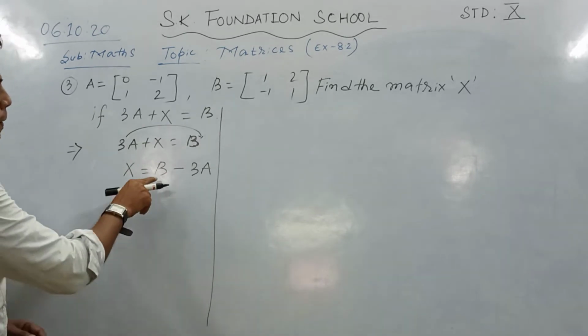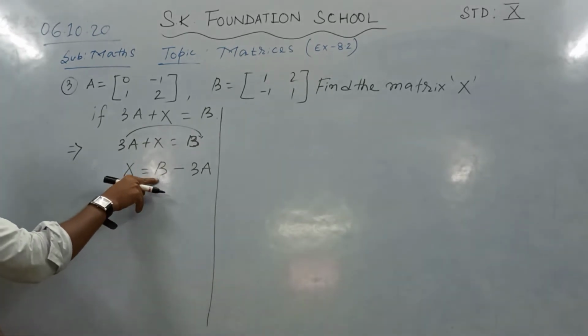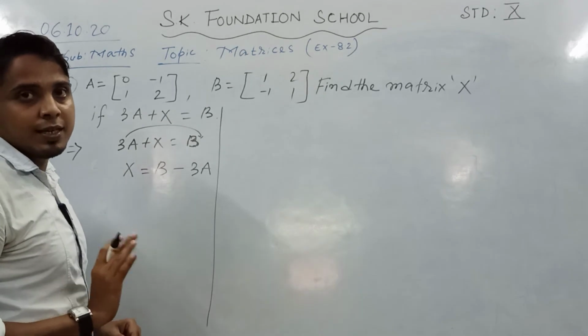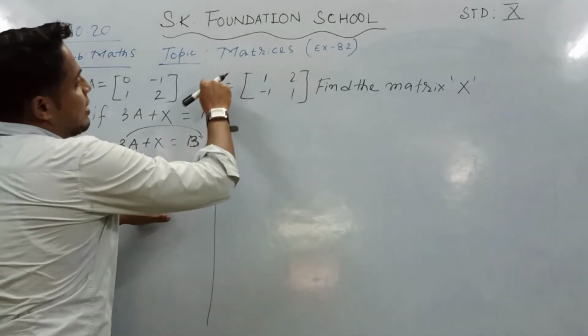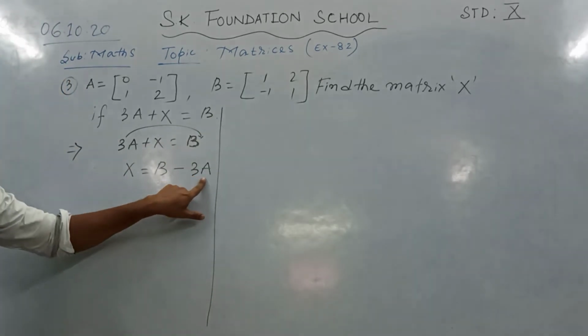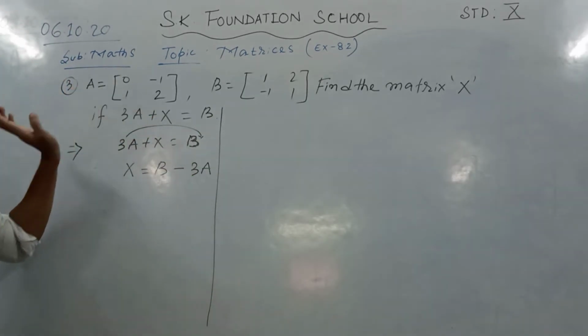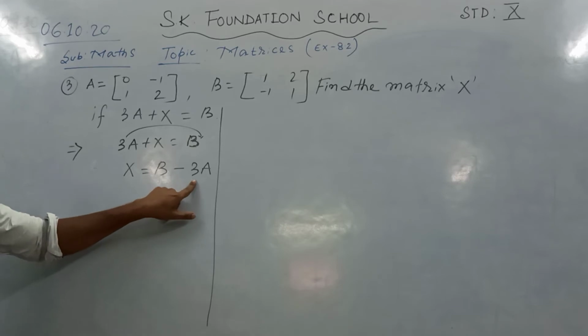That means we subtract the matrix 3A from matrix B. The value of B is already given, but the value of 3A is not given, only A is given. That's why first we are going to find the matrix 3A.